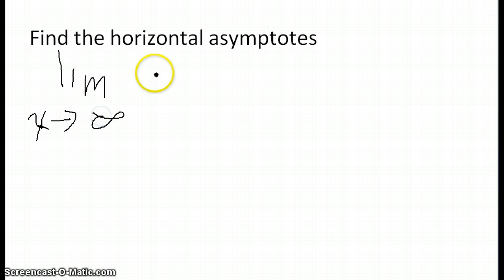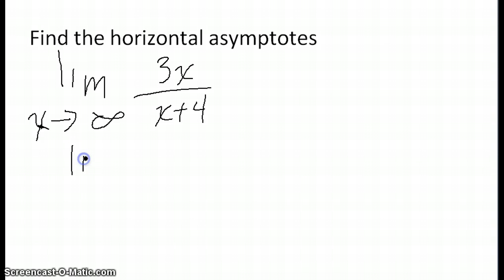In order to find the horizontal asymptotes, we find the limit as x approaches infinity of 3x over x plus 4.